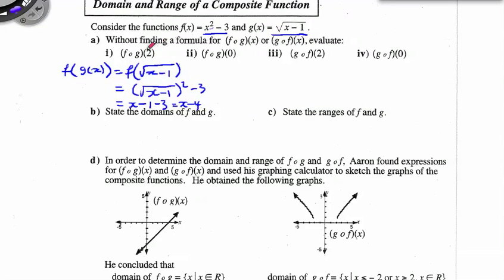Now if our value for x is set at 2, then this would be 2 minus 4, which equals negative 2 as our answer. You can try the next one.